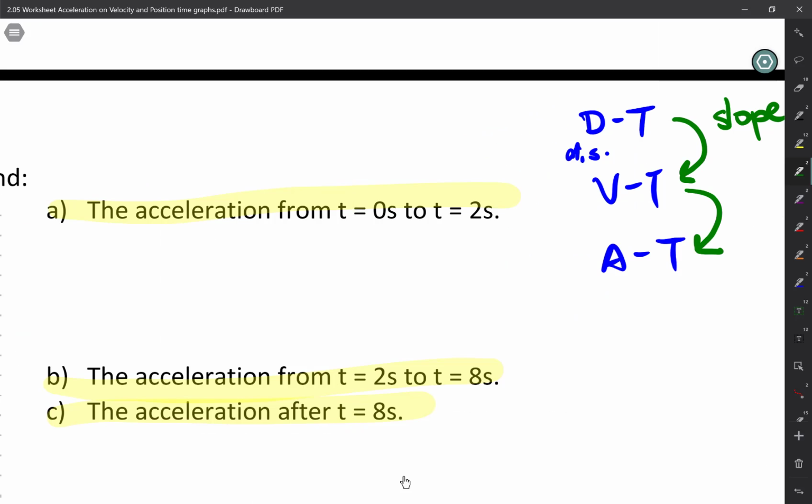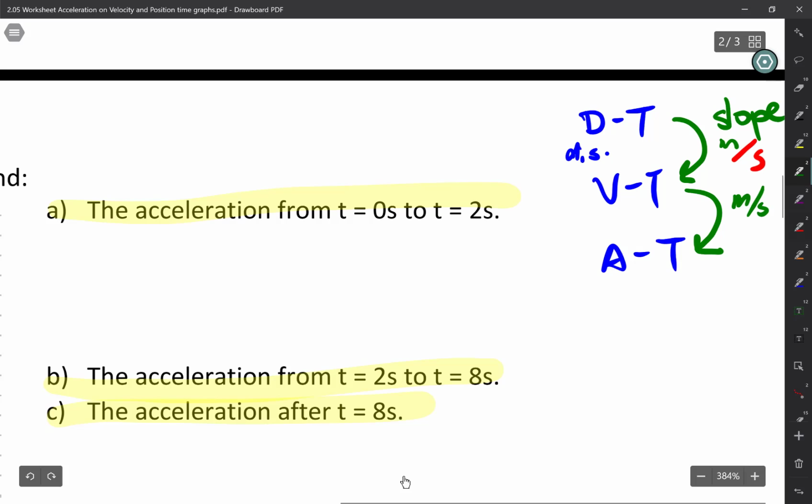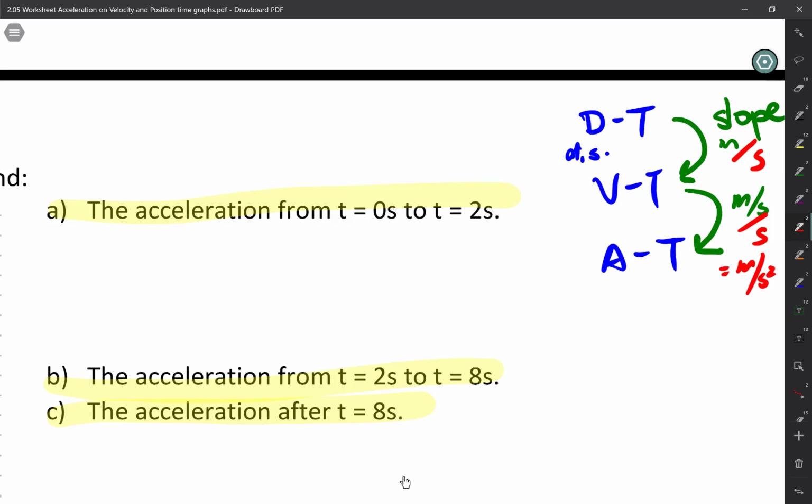On the displacement time graph, it is how your position changes over time. You're always dividing by time. So here you're taking meters and dividing by time. For velocity, you're taking meters per second and dividing by seconds to get meters per second squared. So you're always looking at it as a rate of change, okay?